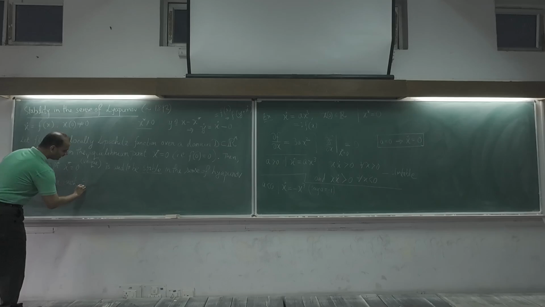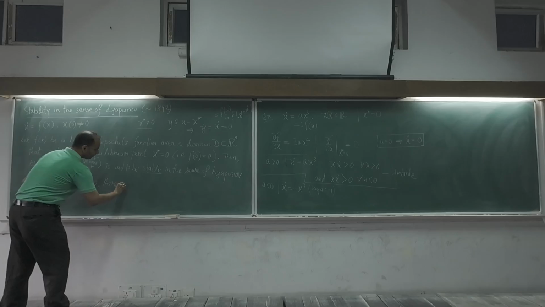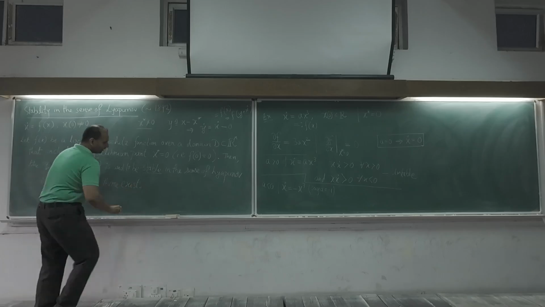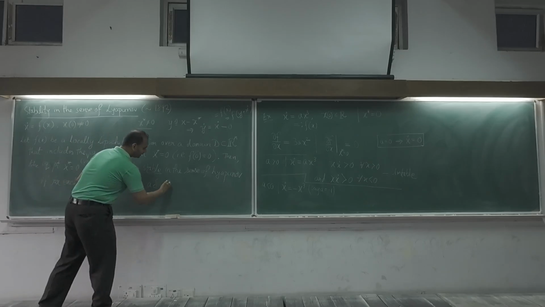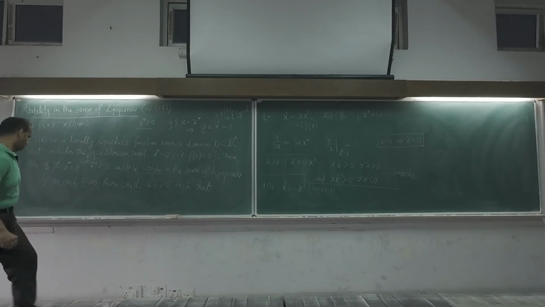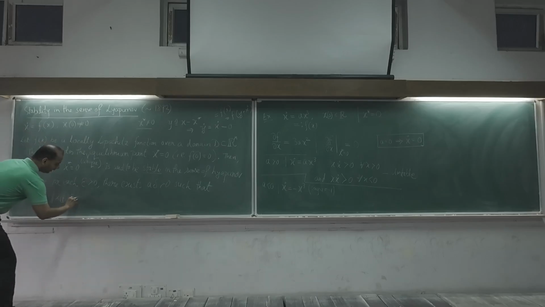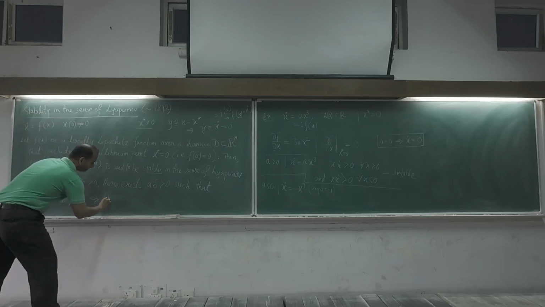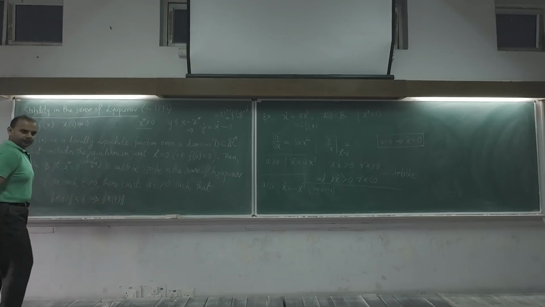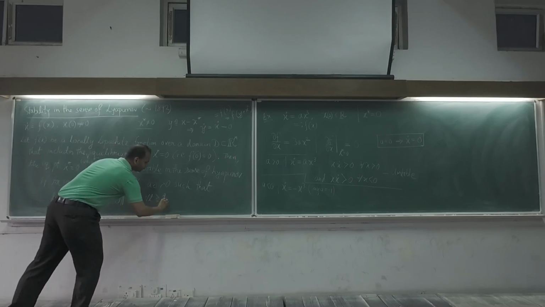If for each epsilon greater than 0, there exists a delta greater than 0 such that norm of x(t0), that means the initial condition, less than delta implies norm of x(t) less than epsilon for all t greater than or equal to t0.